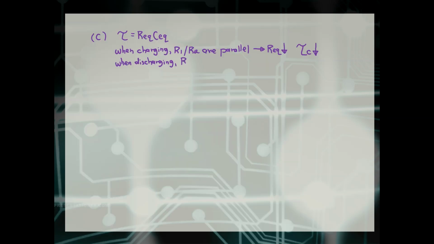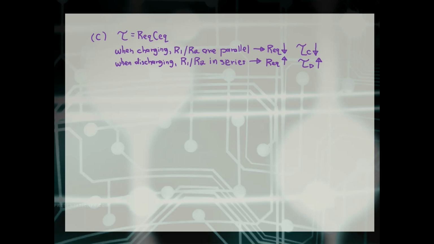So we'd have R1, R2 in series. And if these two are in series, then series resistors make the equivalent resistance go up. If the equivalent resistance goes up, then the time constant is also going to go up.